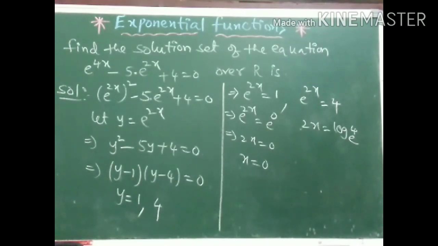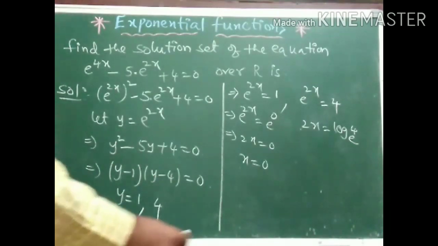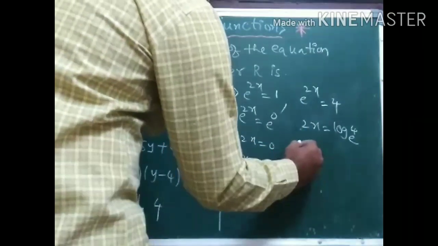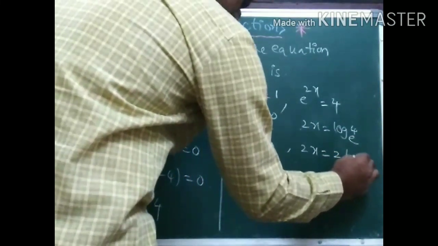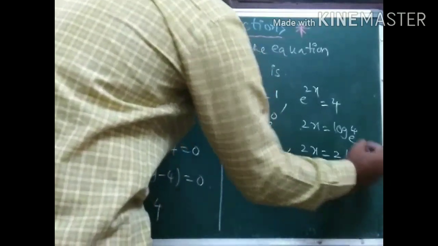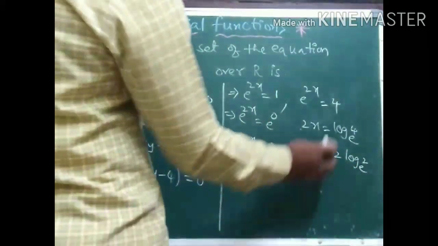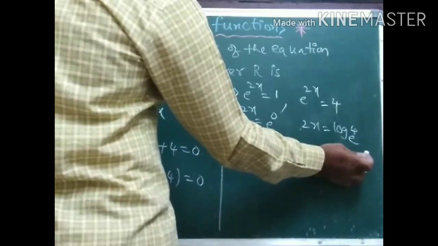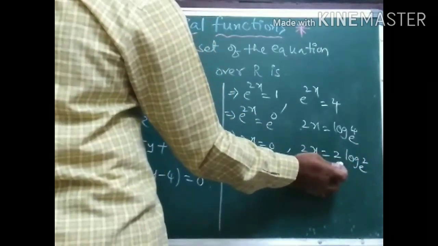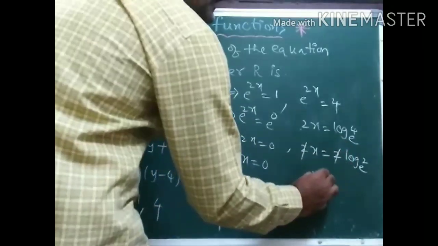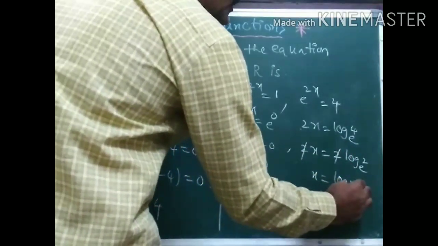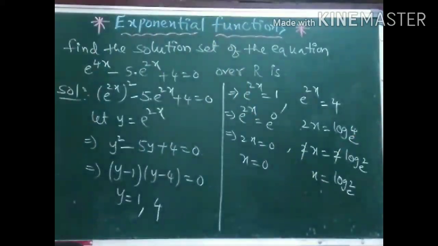Now I want to change it into logarithmic form. Hence in the next step, 2x is equal to 2 into log 2 to the base e, because 4 I can express as 2 square and this power comes here. Now 2 gets cancelled. So finally here x is equal to log 2 to the base e.